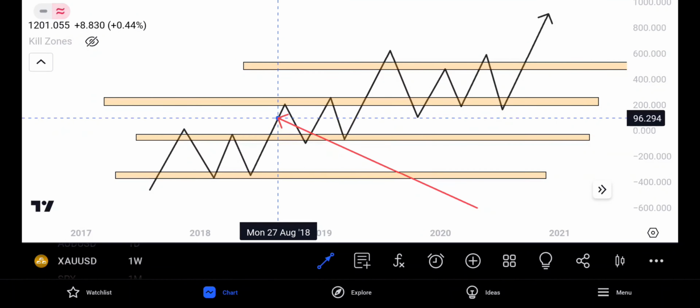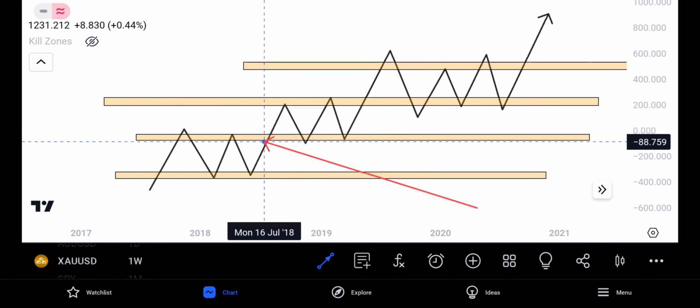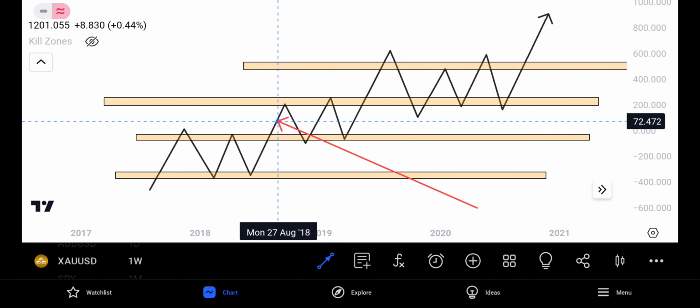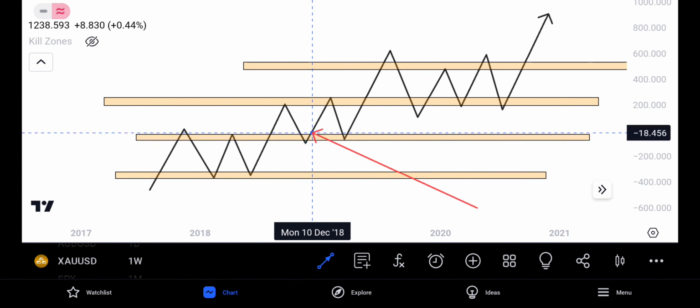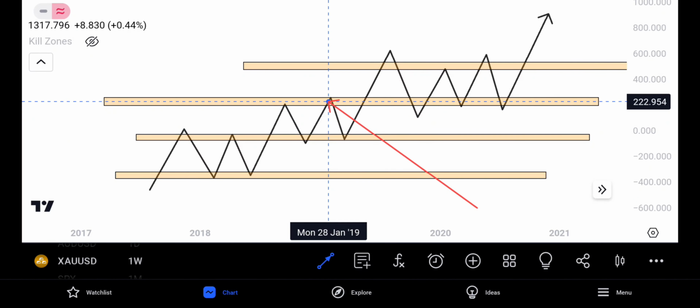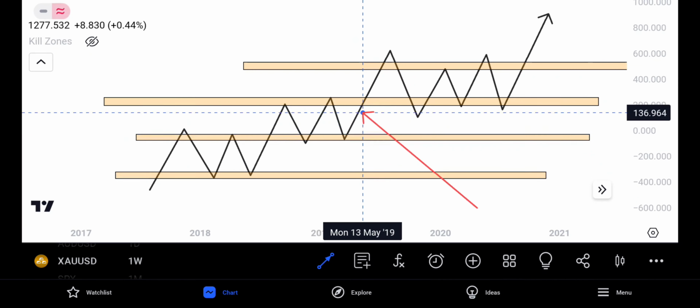The moment price broke above the ceiling, we see it as price has gone upstairs, and as it has gone upstairs, it will literally turn this previous ceiling to what? Floor, to head to the next ceiling.